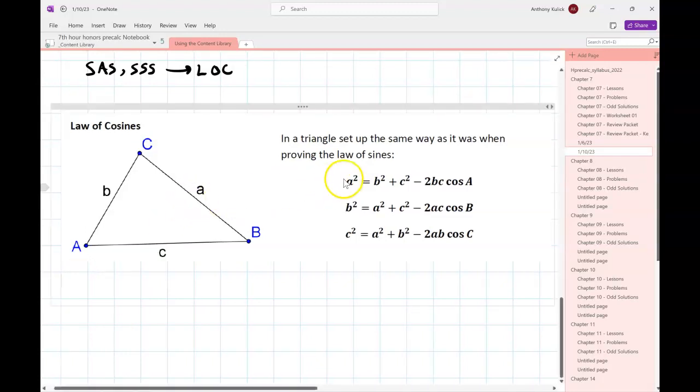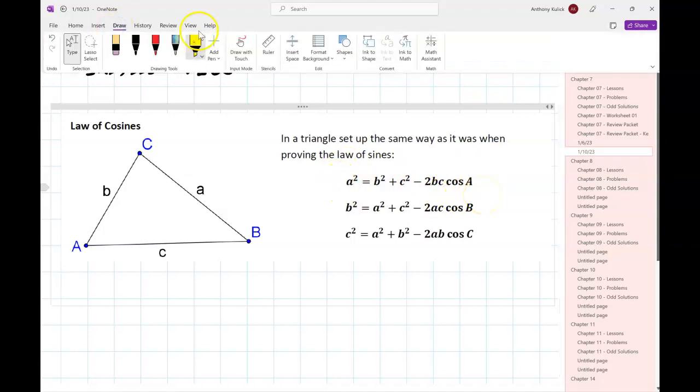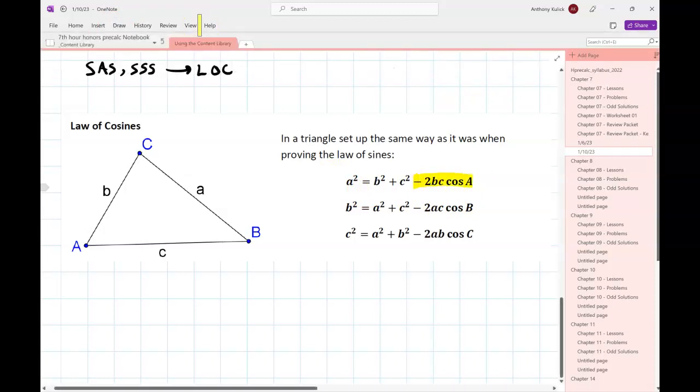Side A squared is equal to side B squared plus side C squared minus 2 times side B times side C times cosine of angle A. What does this remind us of? The Pythagorean theorem, except we have this extra correction factor tacked on to the end. That extra correction factor is to account for this not necessarily being a right triangle.